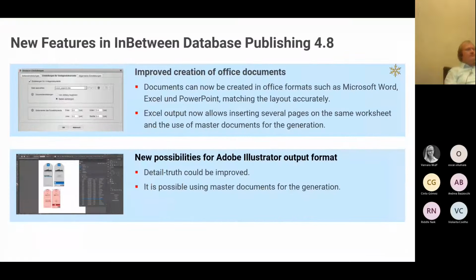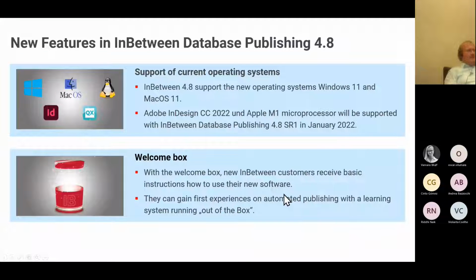So what else is new? Office document. We are new for the current operating systems. As you may know, Microsoft and Apple created new operating systems, Windows 11 and Mac OS 11. These are also supported. If you want to use the new operating systems, you can do this with InBetween 4.8. Mac OS 11, currently we only support for Intel architecture.